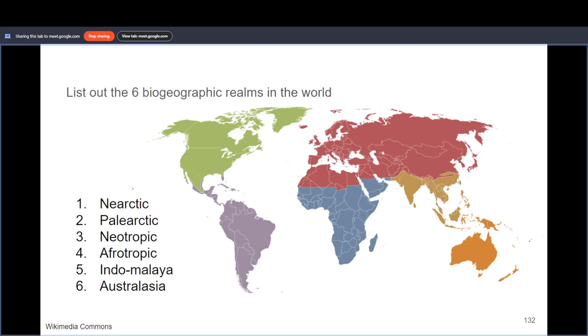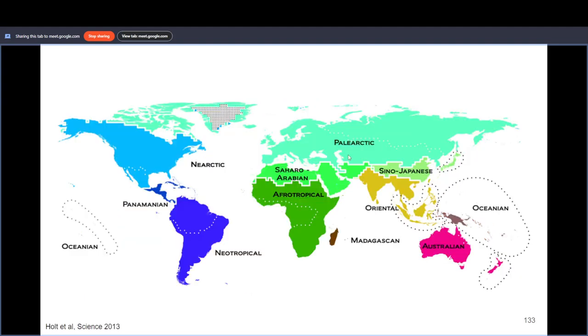This region has been split into Oriental and Sino-Japanese on the top, and the Palearctic region has been restricted to the top again, and your South American region from your neotropical has been split into Panamanian, which is separate. You have Africa that is split into Saharo-Arabian, Afrotropical, and then you have Madagascan, and then you also have the Oceania here. So this is the updated version.